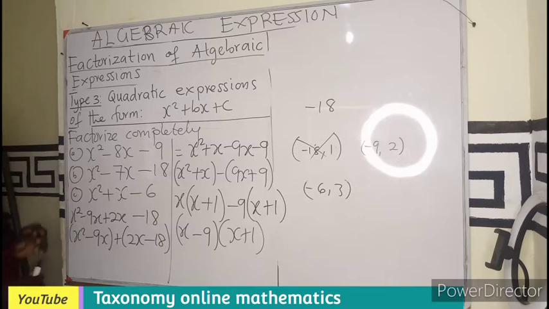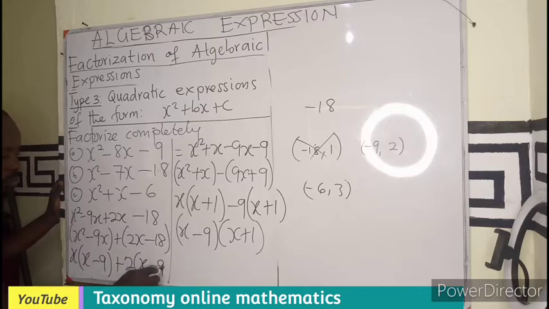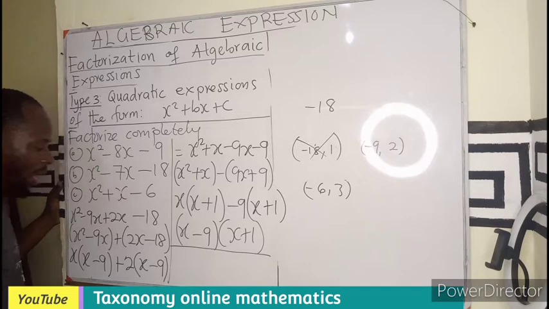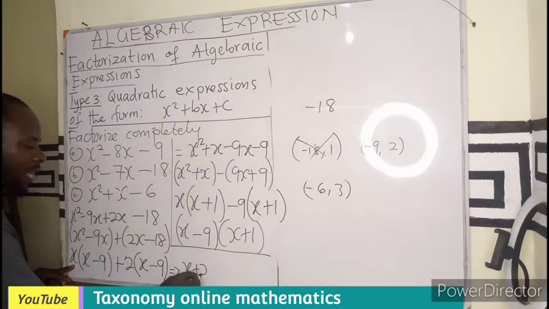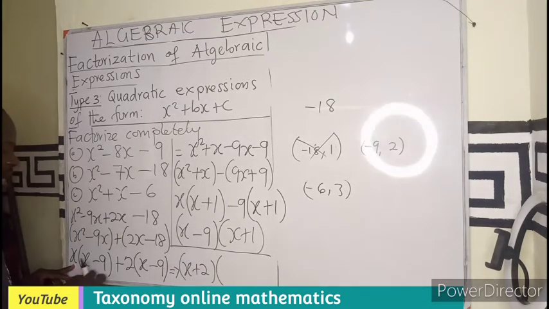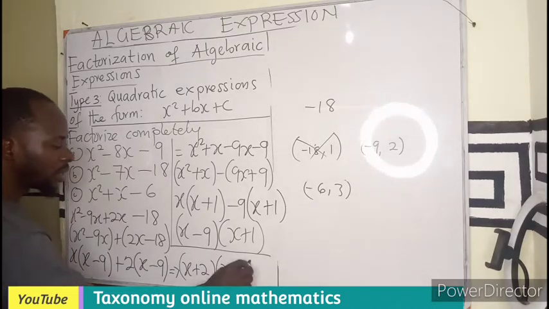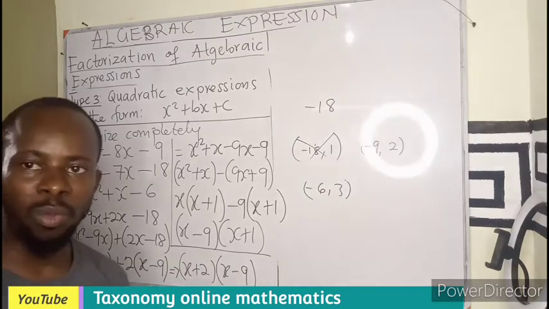What will be the common factor? x will go into this, 9x divided by x gives only 9. Common factor will be 2. 2 dividing this, x. 18 divided by 2, 9. So our answer is just going to be the outside terms x plus 2, the common factor x minus 9. Very simple at this point.